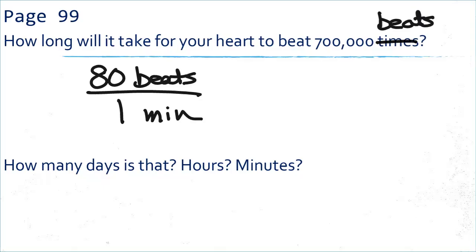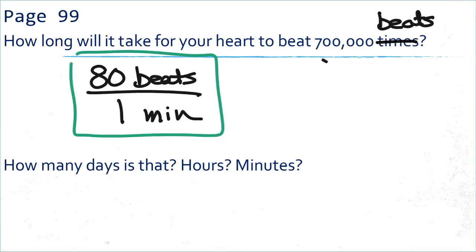And I want to show this as 700,000 times. Actually, as I look at this, I want to switch this up. This is equivalent, but I want to see what the end is going to be for 700,000 beats. That's my final, right? That's the big number.